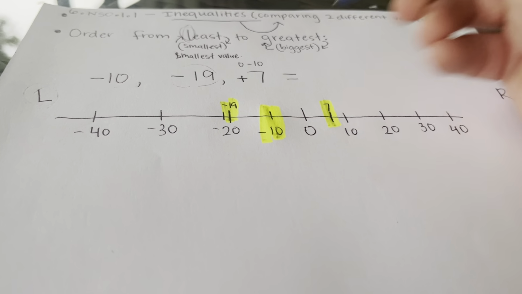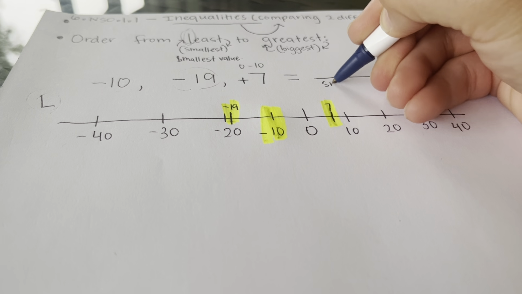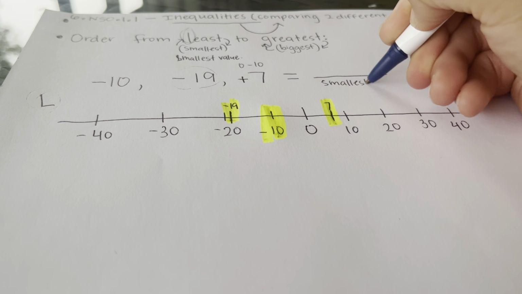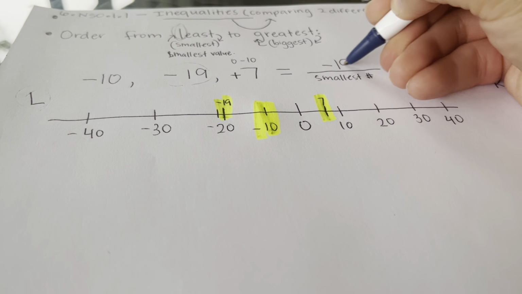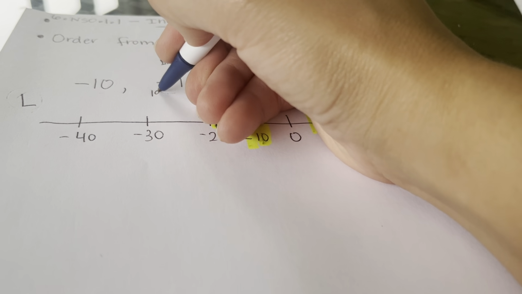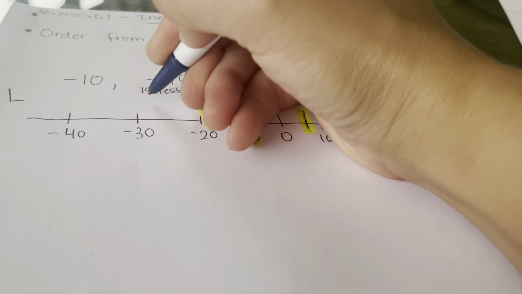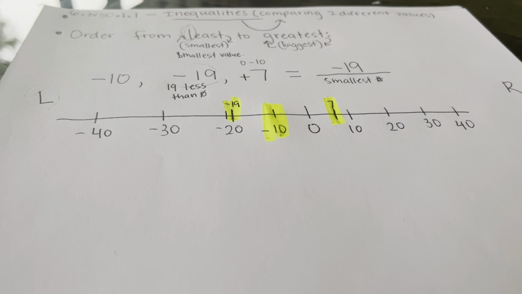If I'm going to put them in order with the smallest number first, I'm going to use that little hashtag sign for number. -19 is my smallest number. I also know that because it's 19 less than 0. It's farther away from 0.